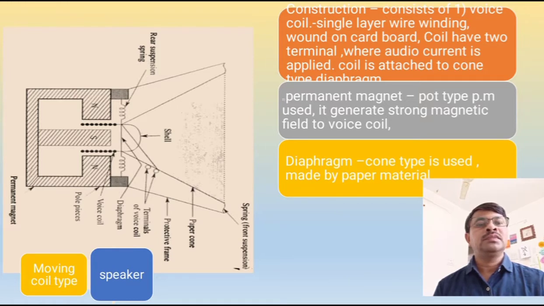Diaphragm. This is the diaphragm. Cone type diaphragm is used and made of paper material. This is the dust cap. So here we complete the construction of moving coil type speaker.